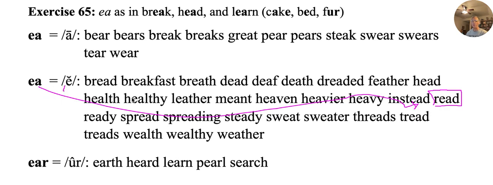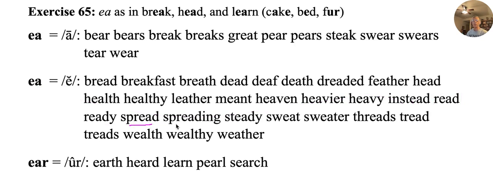But it also could be read, a book. And again, the only way you can know that word is to see it in context, use it in a sentence. Next word is ready. Are you ready to do your timing on this exercise?